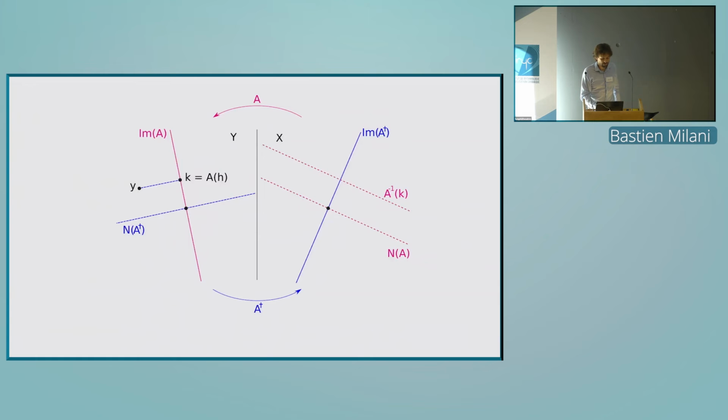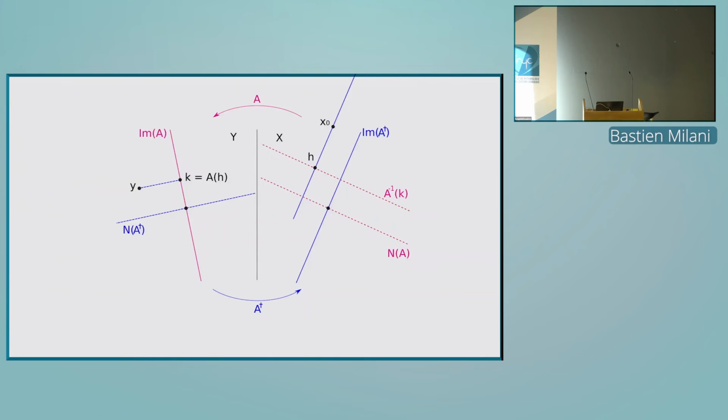And you can travel if you have an H here and you add any contribution that is parallel to the null space. Let's write it. You take A of H plus any vector n in the null space.